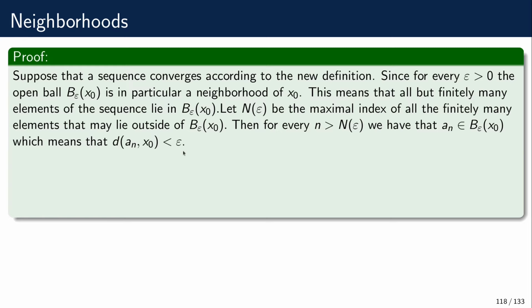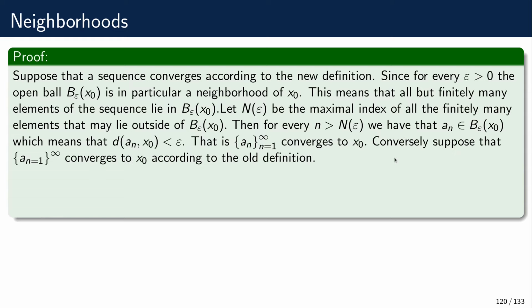So we have proved that convergence according to this definition implies ordinary convergence in metric spaces. This means that a_n converges to x0.